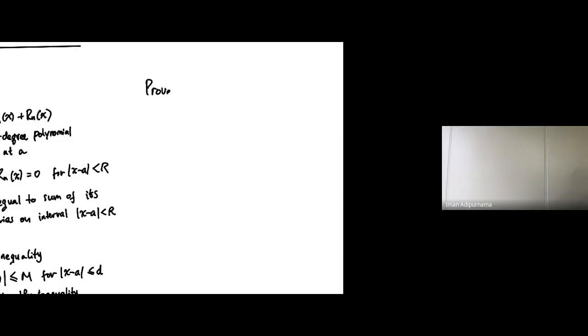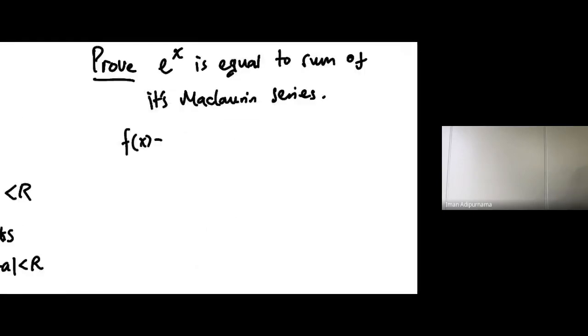So let's prove e to the x is equal to the sum of its Maclaurin series. So first, our function is e to the x. And first, writing the Taylor's inequality, first writing f^(n+1)(x). This will be e to the x all the time, right?